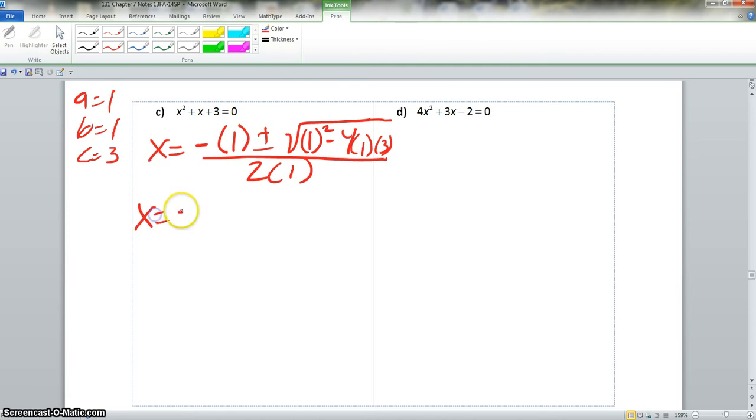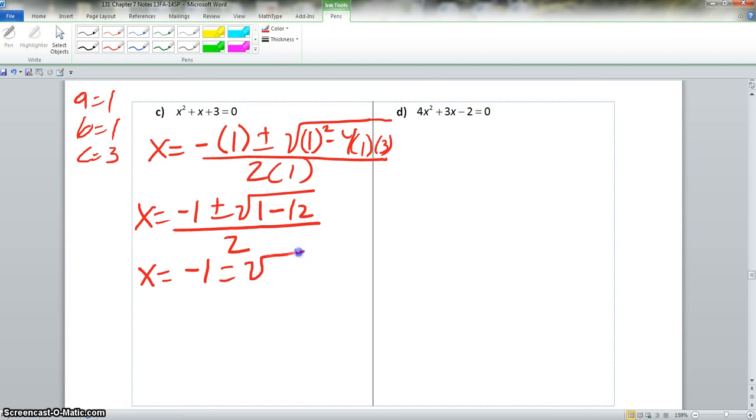So we have x is equal to negative 1 plus or minus the square root of 1 minus 4 times 1 times 3, which will give you a minus 12, all over 2. So we have x equals negative 1 plus or minus the square root of negative 11, all over 2.